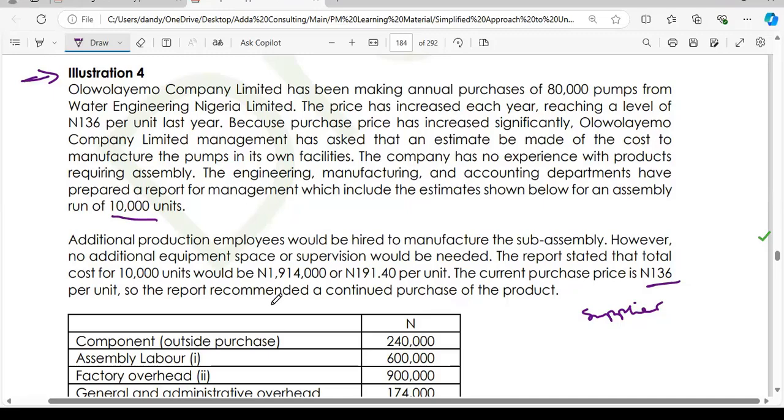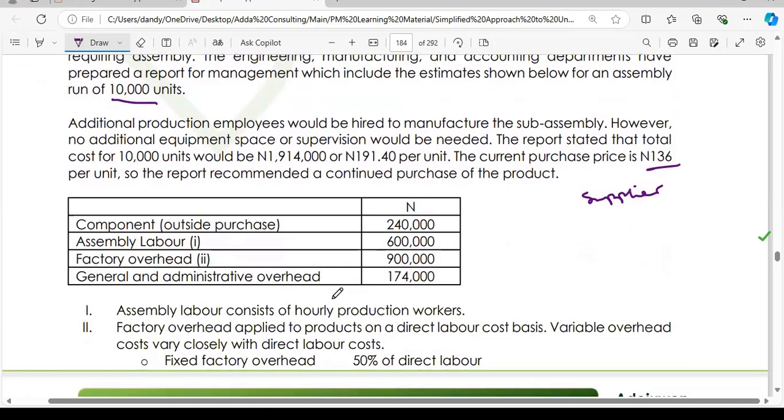So the labor cost in this table is on the basis of 10,000 units. Our focus now is on the assembly labor, because you want to determine the efficiency in labor.